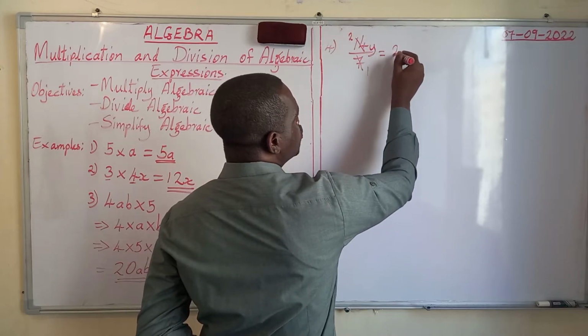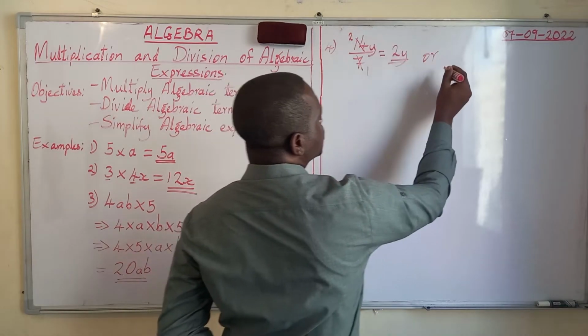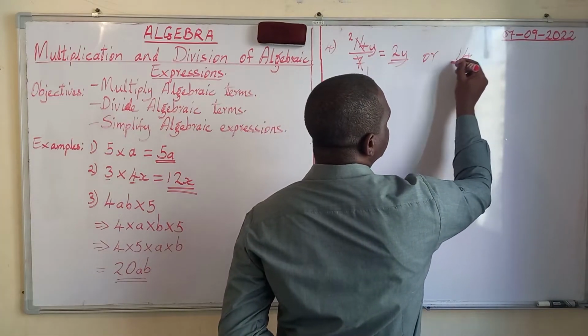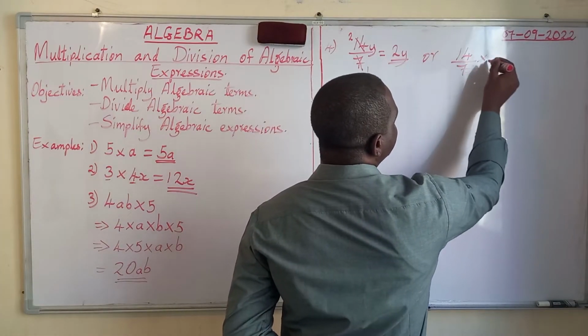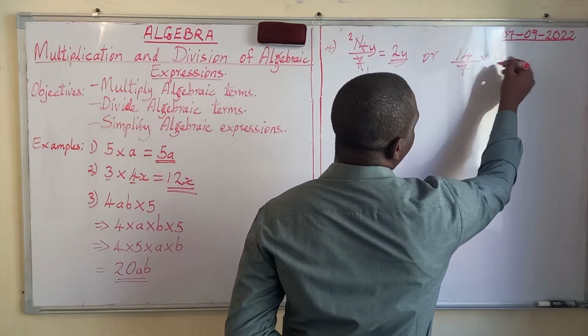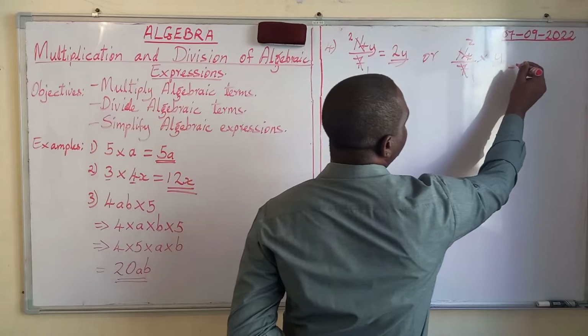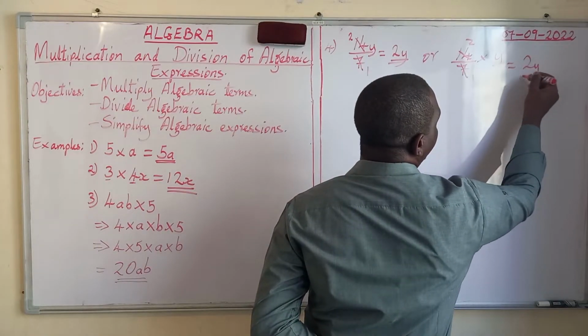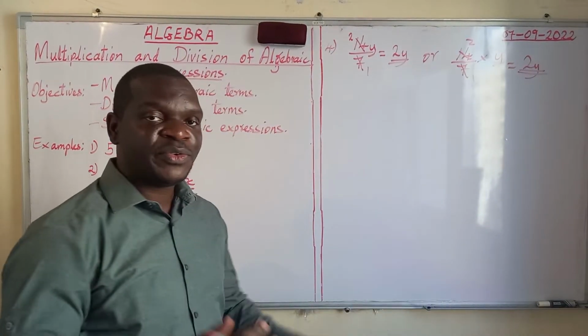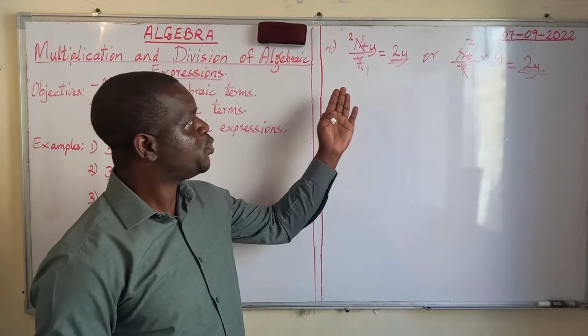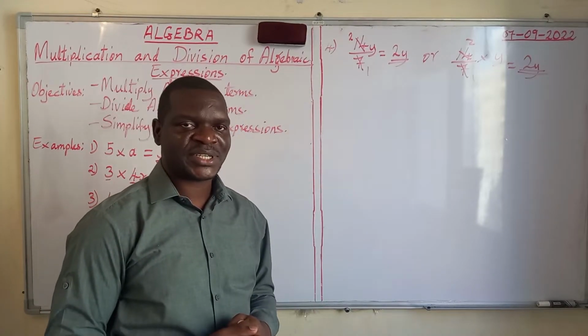That is 2y. Or you can also take it as such, 14 all over 7 times y. If you want, you can put this all over 1 and it will give us the same answer, which is equal to 2y. So either of these will give you the same answer, and this is what you do when you have a question as such.